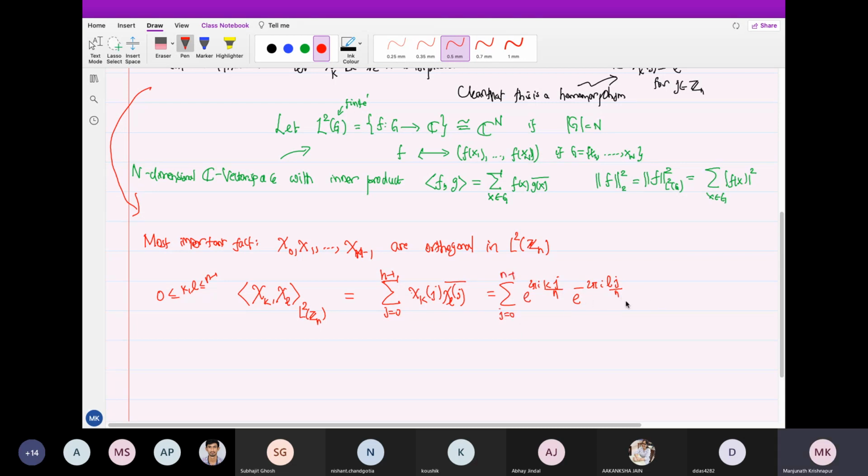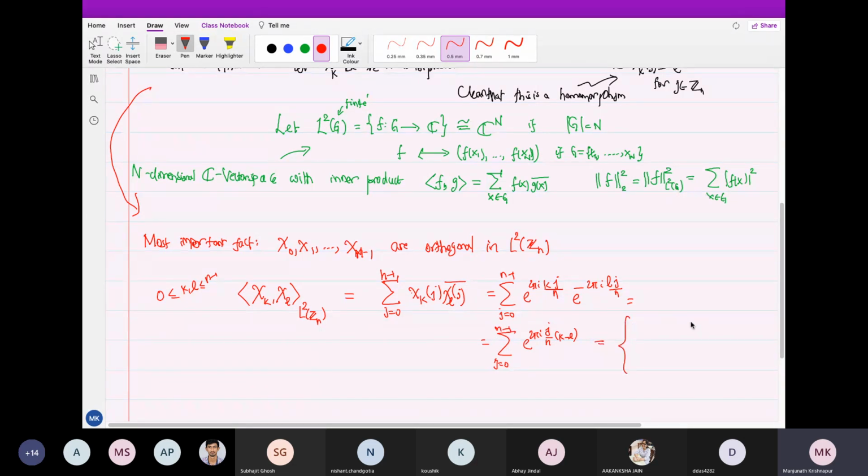So it is the sum over j equals 0 to n minus 1 of e to the 2 pi i j over n times (k minus L). What do you get when you do this?